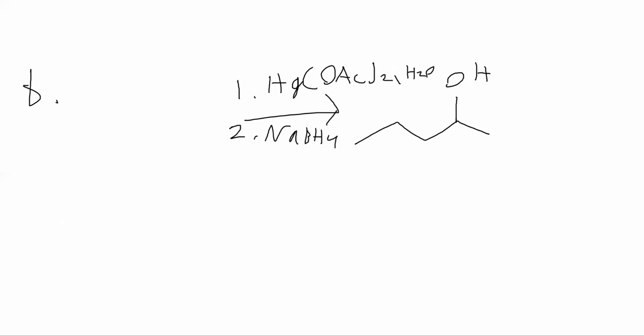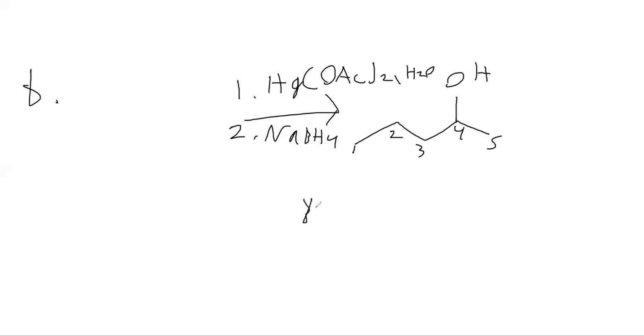Do you guys remember if this set of conditions leads to the Markovnikov or anti-Markovnikov alcohol? I think I remember it leads to the anti-Markovnikov, but in this example they're all secondary, so it doesn't really matter, right? Well, two things. It actually leads to the Markovnikov.